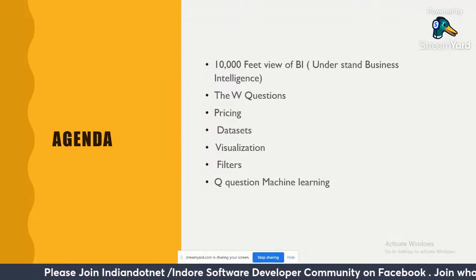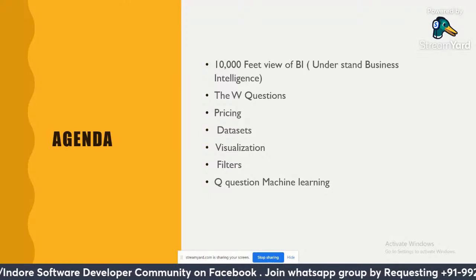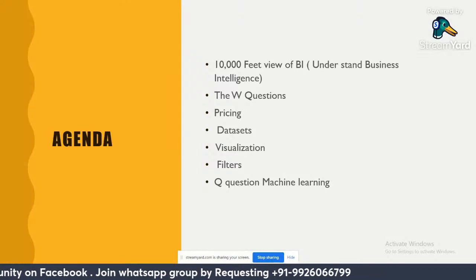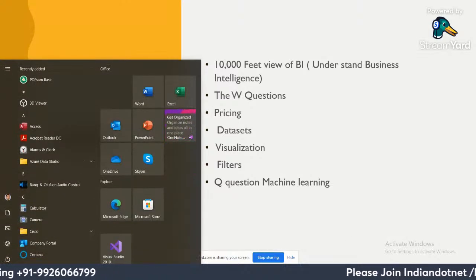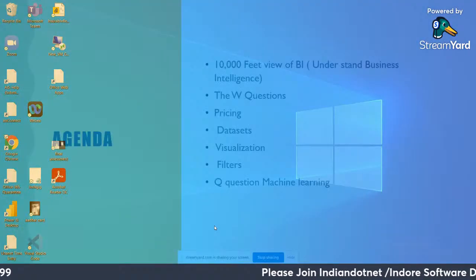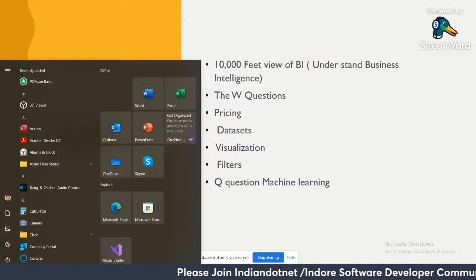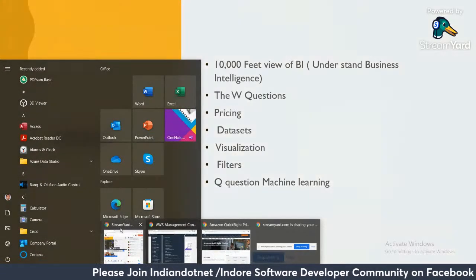Suppose you ask, what is the total sales, you just type in English and you will get the result. So this is a kind of Q question interaction.